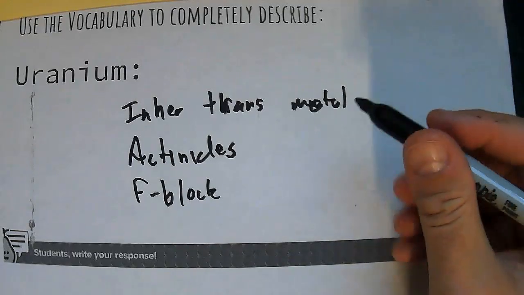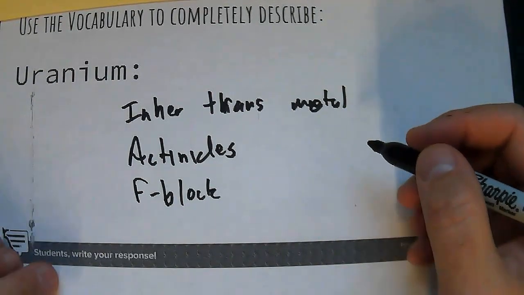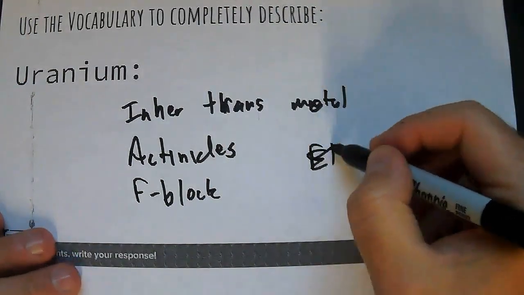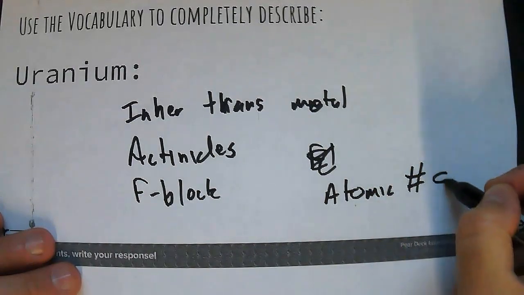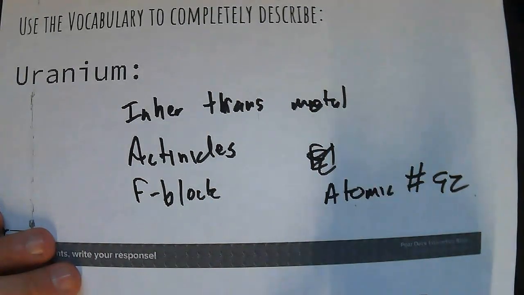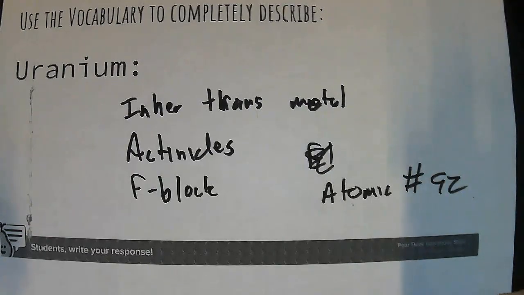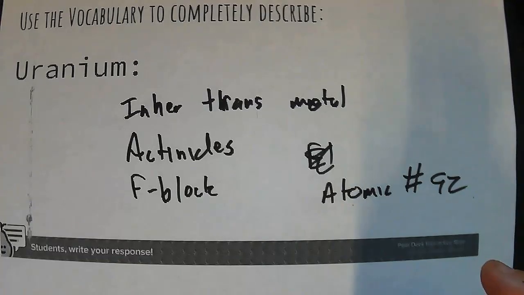So, like I said, we could even go back to how we were describing it before we knew all this stuff in the periodic table. It has an atomic number. What does it say? Element number. Atomic number of 92. That's another way that we describe it, right? So, like I said, a million ways to talk about this that all depend on how we are using the element.